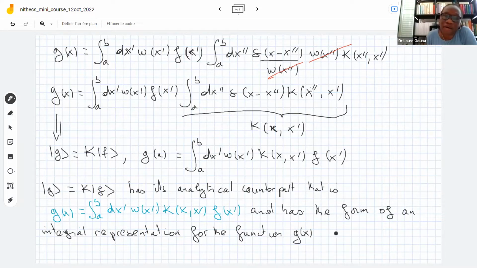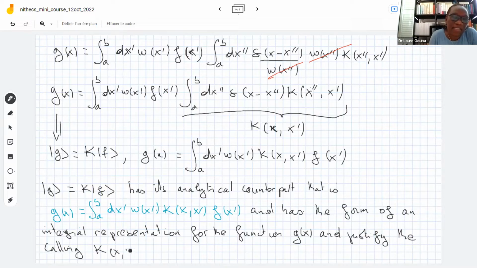And this justifies the calling of k x x prime the kernel of the operator k.